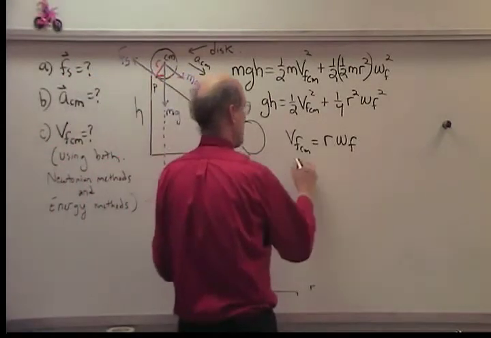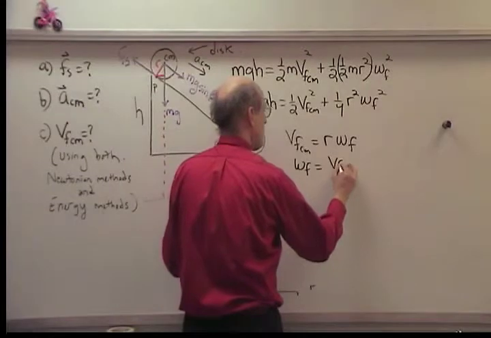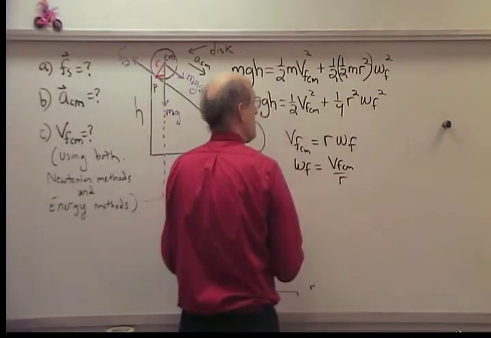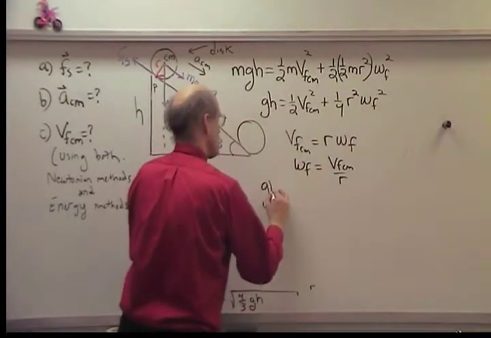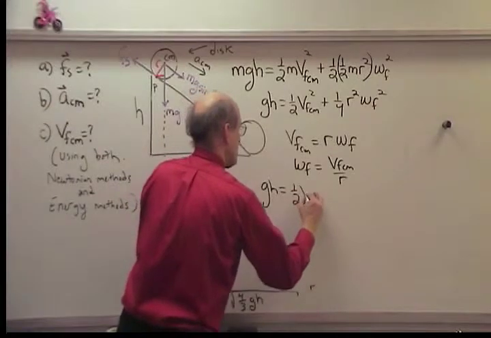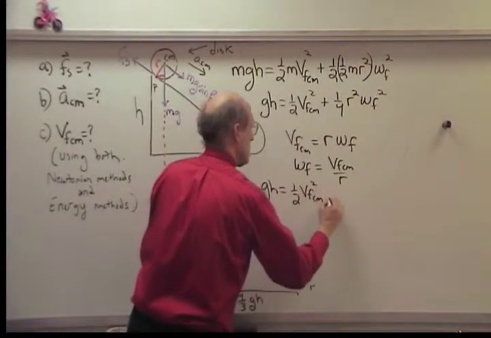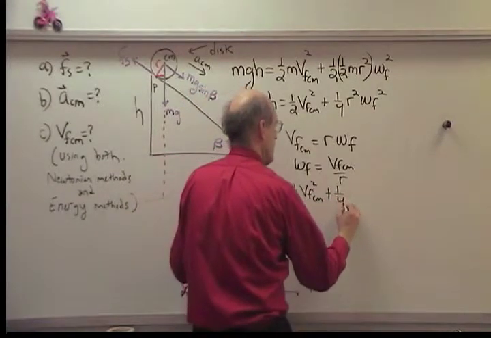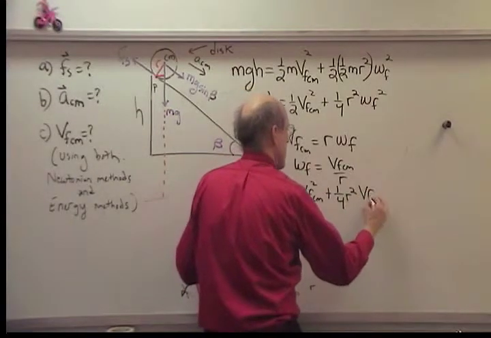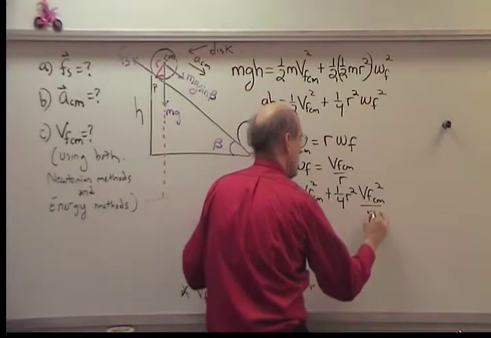So substituting after solving this for omega F into here, we get GH is equal to 1/2 VFCM squared plus 1/4 R squared VFCM squared over R squared.